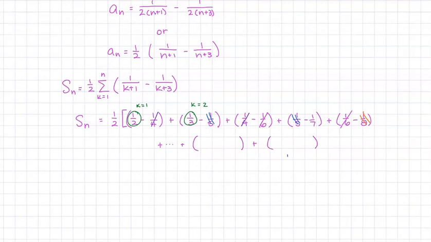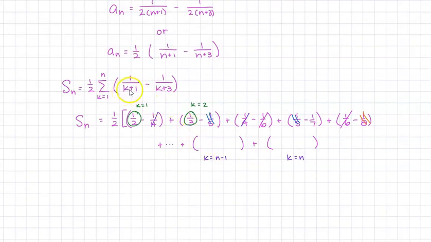This one, the very end, is when k is n, because that's my upper limit. That's where I end. But right before it is when k is n minus 1. And so I need both of those. So I'm going to go ahead and let k equal n minus 1 in the first fraction.